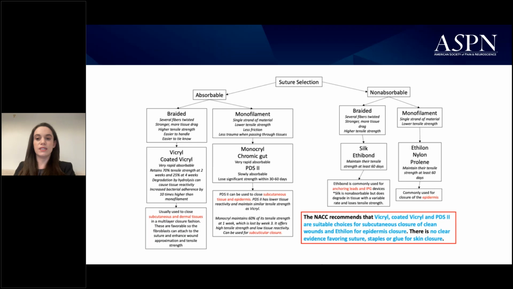So you're going to use this over hardware and anchors to create that hard, firm, and watertight scar. Whereas a monofilament suture is going to minimize fibroblastic proliferation and decrease scarring where cosmetic outcome is important. And of note, there's no clear evidence for staples, sutures, or skin glue being superior for skin closure.